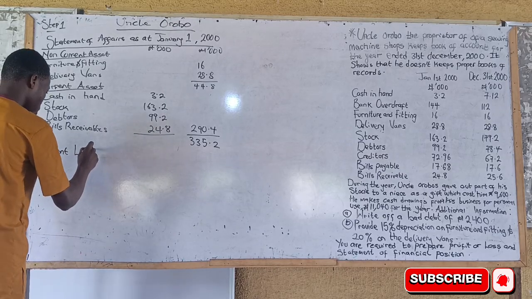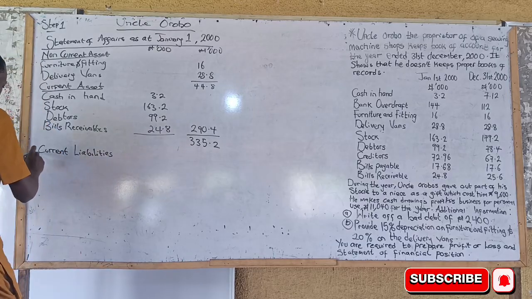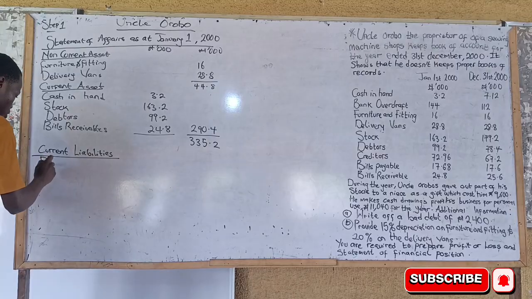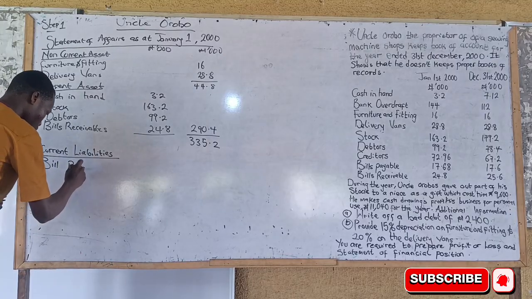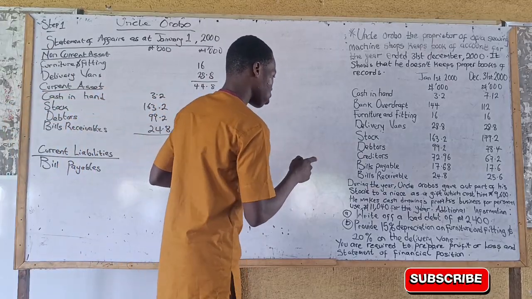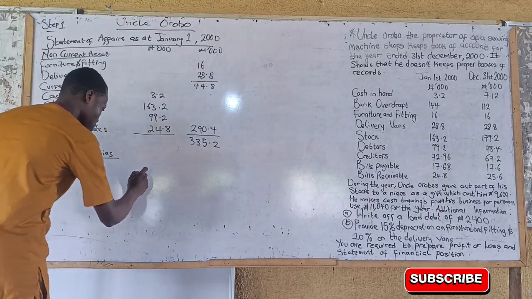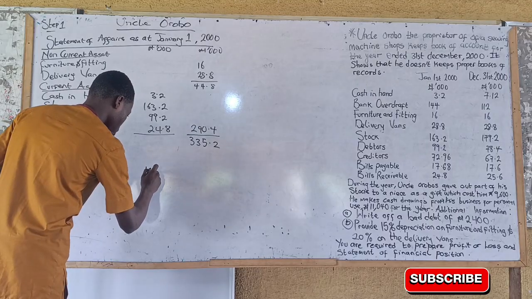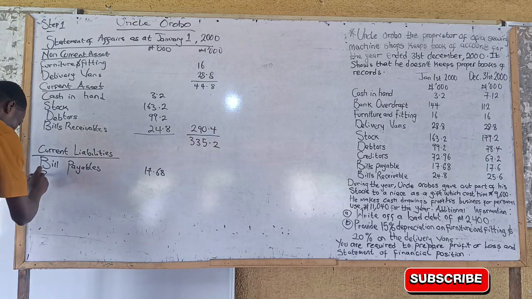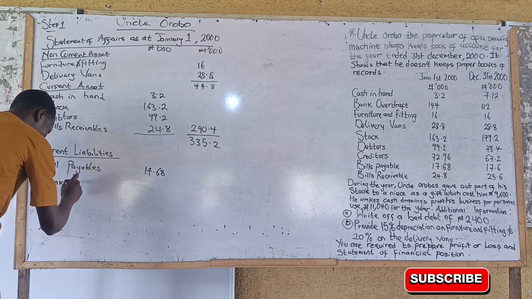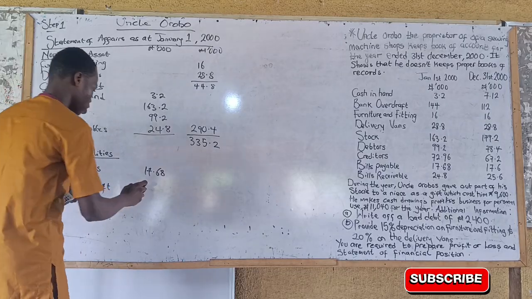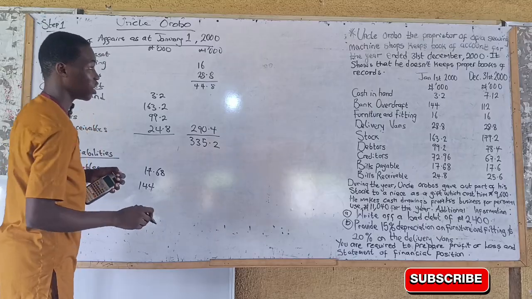Current liabilities. For the current liabilities, we have bills payable. The bills payable is 17.68. Then we have bank overdraft. That is 144 naira.